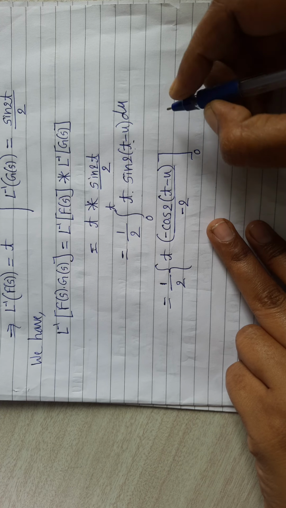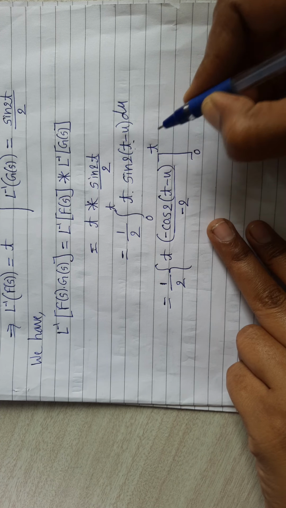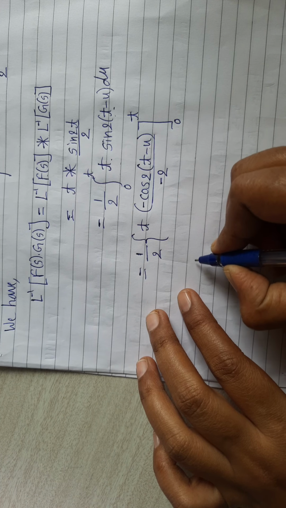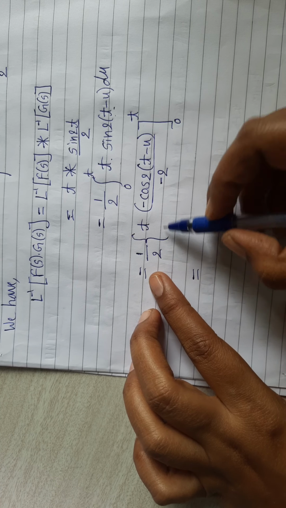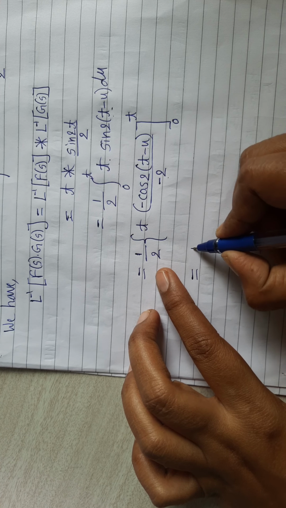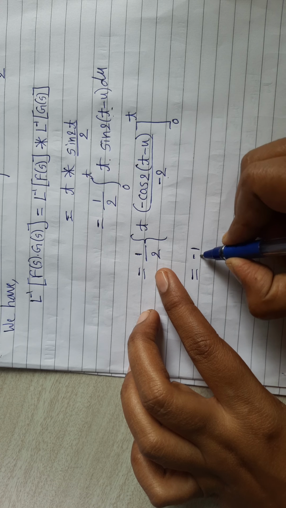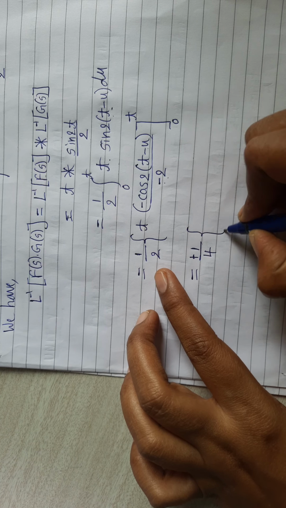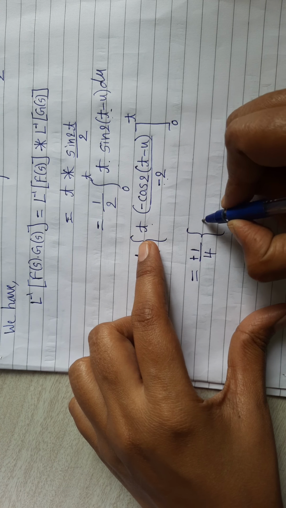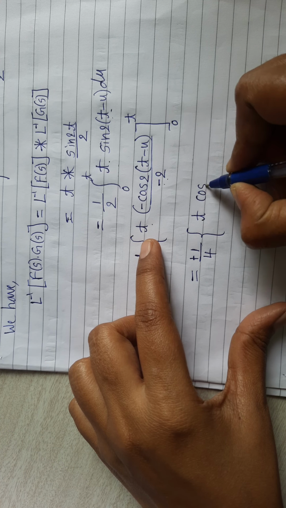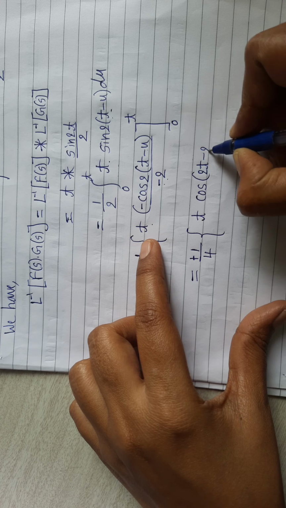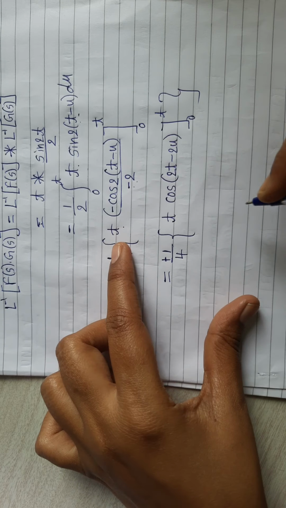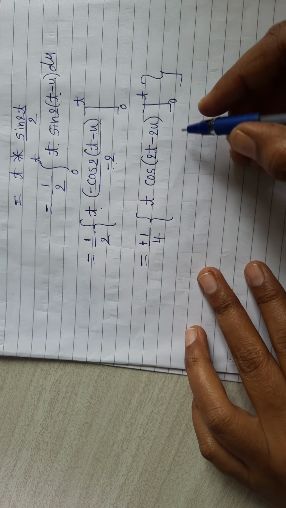Write the limits 0 to t. I'll take the constant 2 outside, so we'll have minus 1 by 4, or you can write minus into minus, plus 1 by 4 outside. I'll write the remaining function as it is, t into cos of 2t minus 2u, with limits from 0 to t. Substitute the upper limit and lower limit.